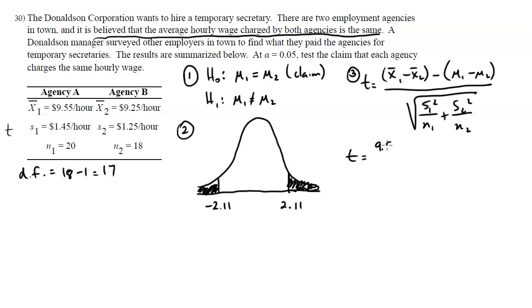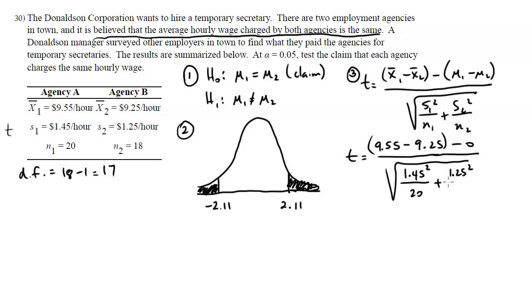So 9.55 minus 9.25 minus 0, of course, right? Mean 1 minus mean 2 is 0. Over the square root of 1.45 squared over 20 plus 1.25 squared over 18.